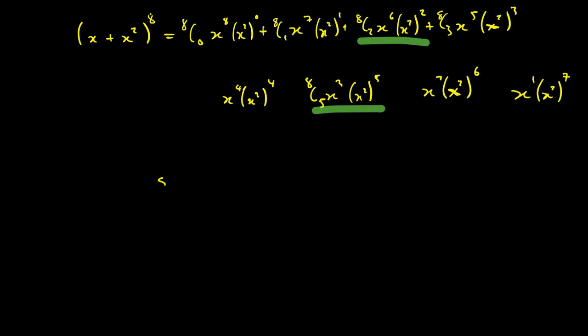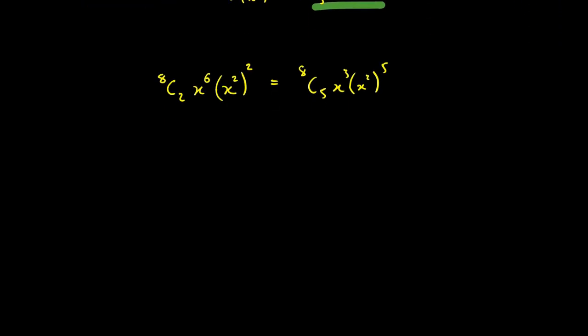We are told that 8c2 x to the power 6 times x squared, all squared, is equal to 8c5 x to the power 3 times x squared to the power of 5. So if we were now to expand on this, 8c2 is 8 factorial over 2 factorial 6 factorial.